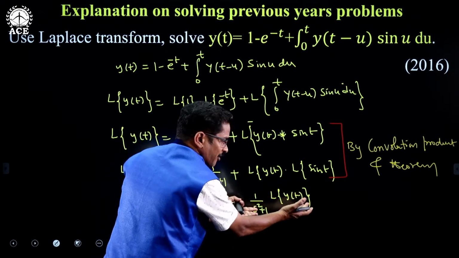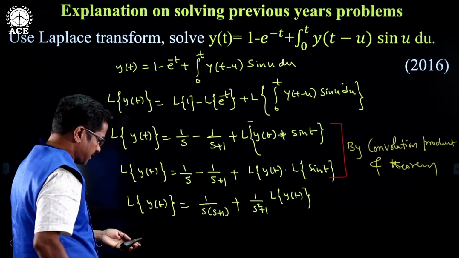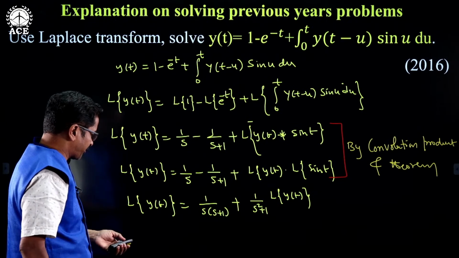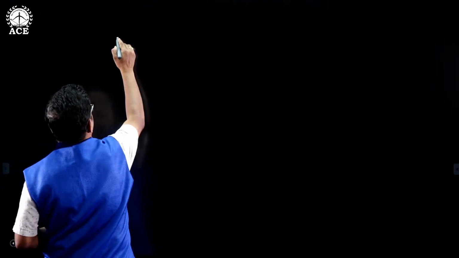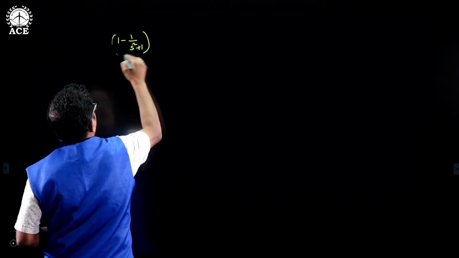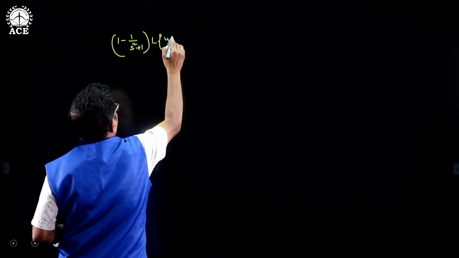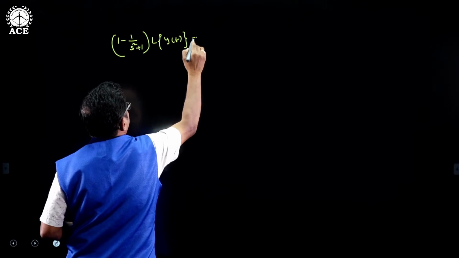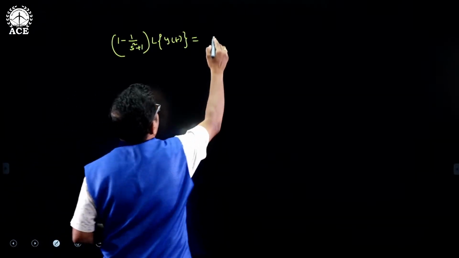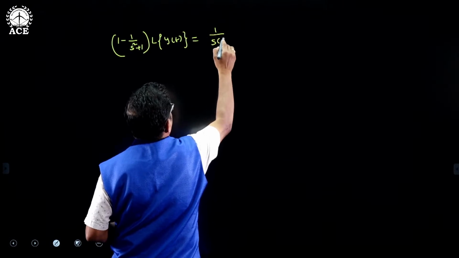This L of y of t term I will bring to this side, so then it becomes 1 minus 1 by (s square plus 1) into L of y of t is equal to, on the right hand side, left with only 1 by s into (s plus 1).